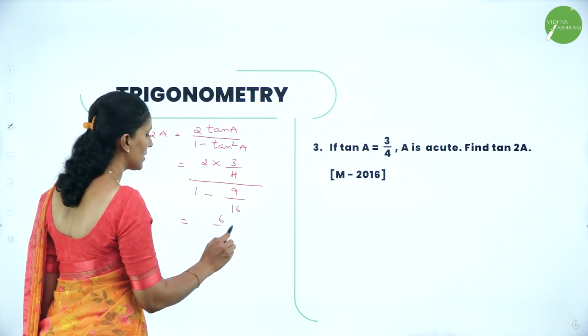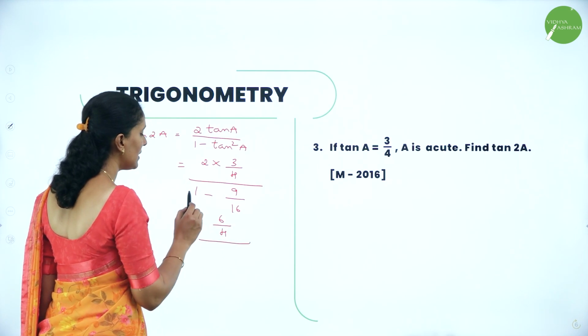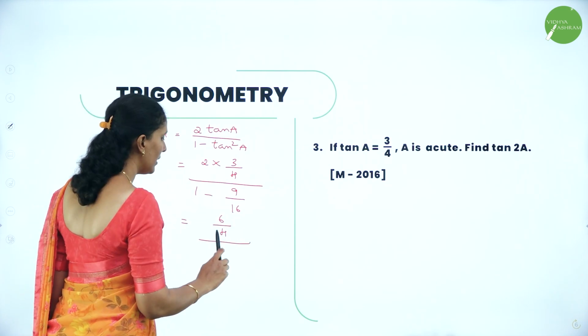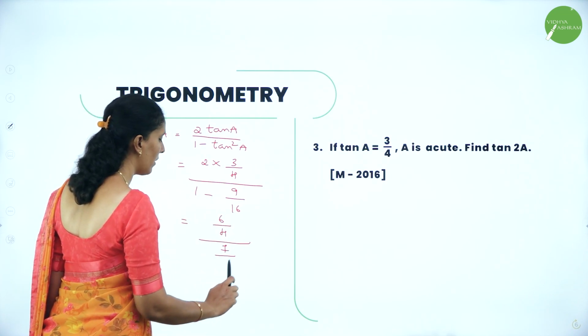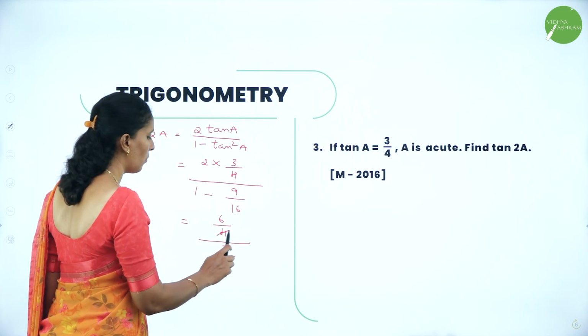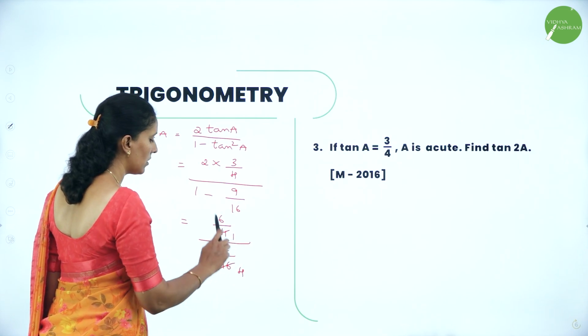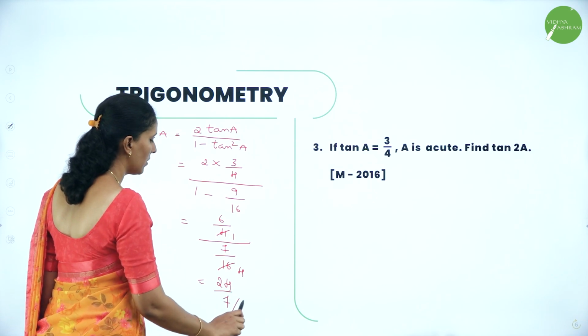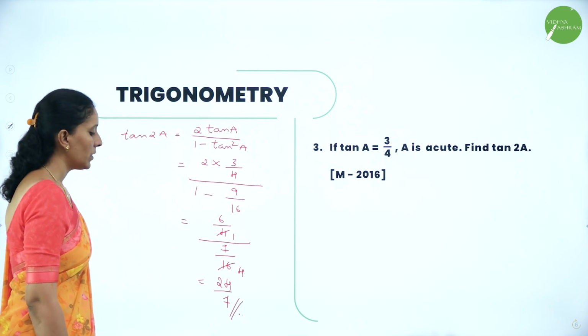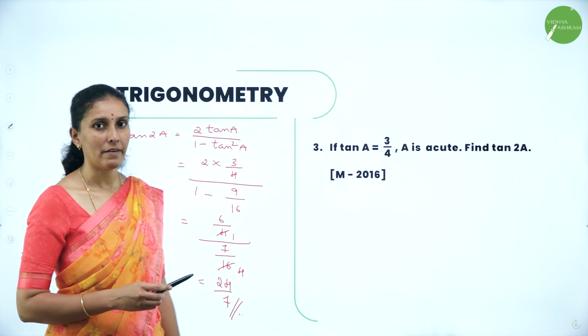So we will get 6 by 4 in the numerator, and in the denominator 16 minus 9 by 16, which is 7 by 16. So 6 by 4 into 16 by 7, 4 4s are 16, so 6 4s are 24 divided by 7. So the value is 24 divided by 7.